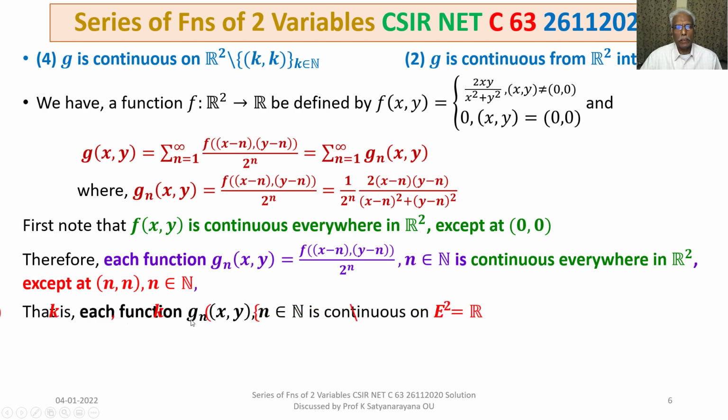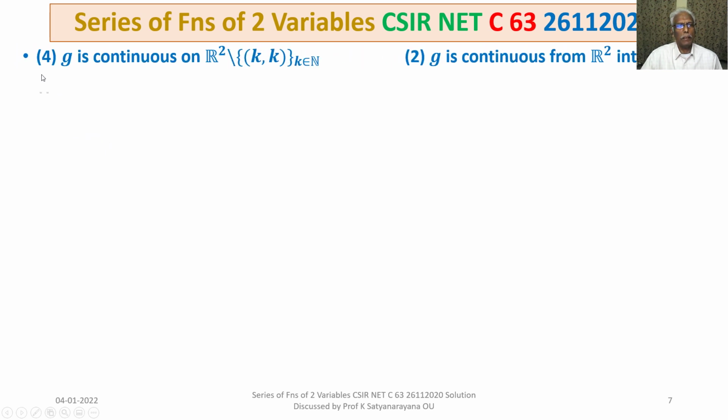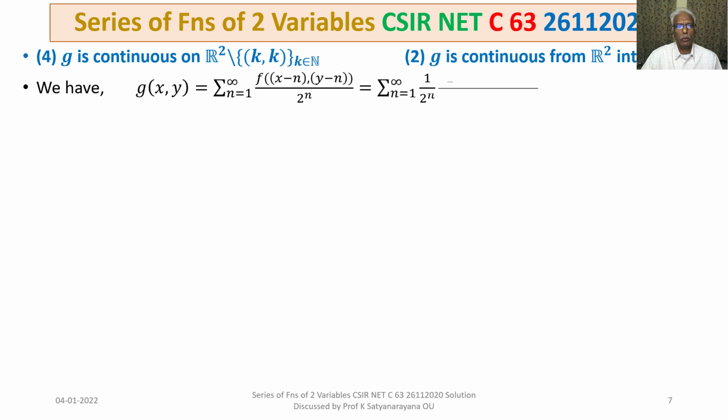That is, each function g_n(x, y), n belongs to N, is continuous on the set E equal to R² minus the set of all ordered pairs (k, k), k belongs to N. So thus we have decided that in this series each term g_n(x, y) is continuous on E, where E is R² minus the ordered pairs (k, k), k belongs to N. We are now deciding the options 4 and 2.